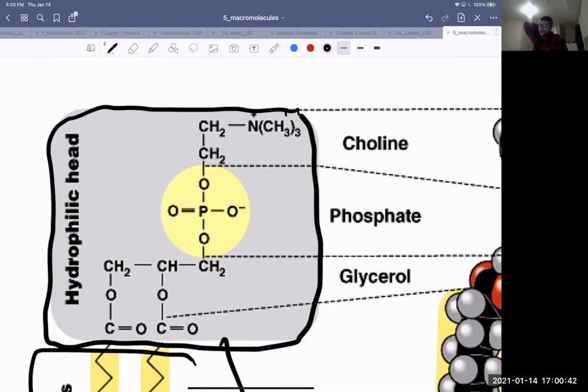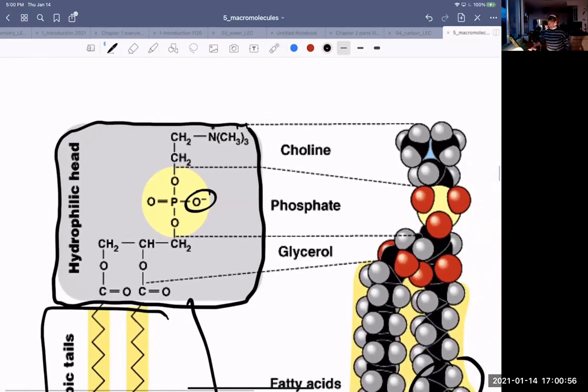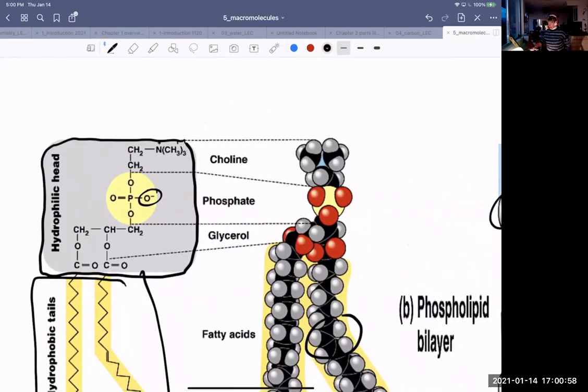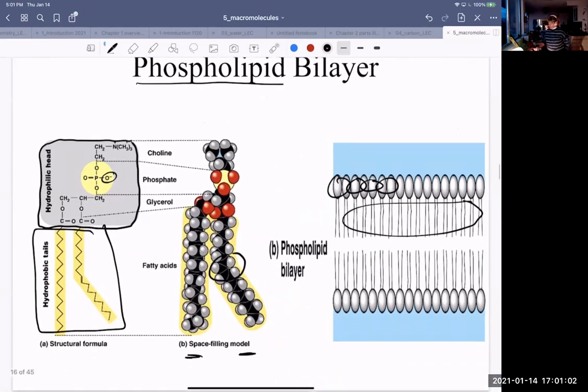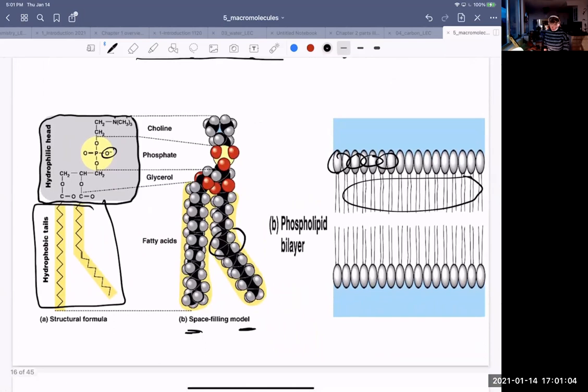Hydrogen bonds? No. Because of that negative charge on oxygen? The negative charge, yeah, that's it. This is a negative charge. The other bonds are actually non-polar. So it's just that negative charge on the phosphate group. Good.